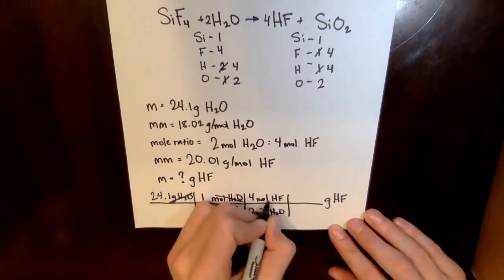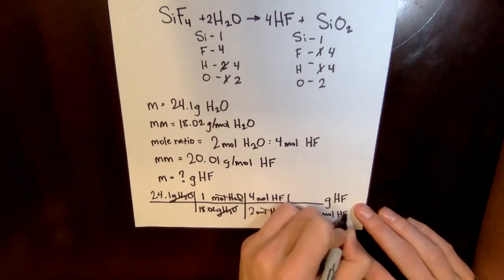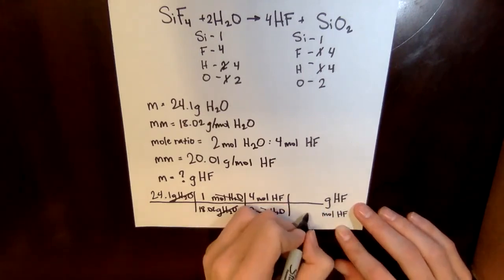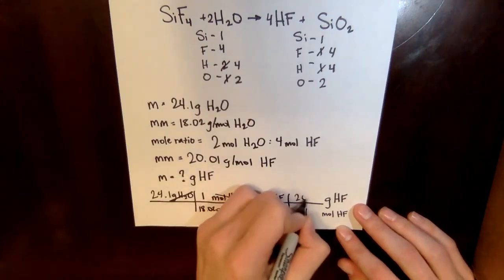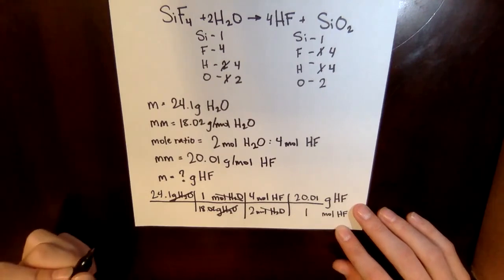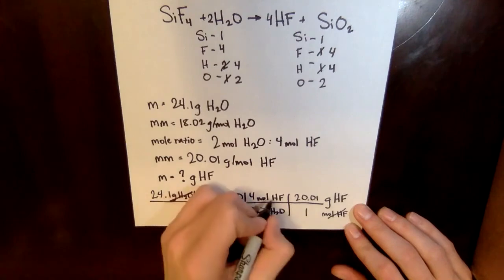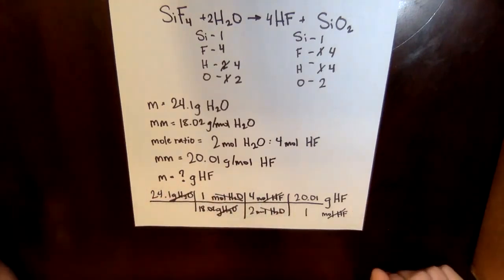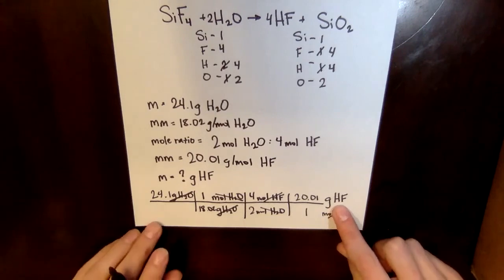So I bring my moles of hydrofluoric acid down here, moles HF, and that 1 mole of hydrofluoric acid is equal to 20.01 grams of hydrofluoric acid. That is going to cancel out my unit of moles of hydrofluoric acid, which leaves me only with grams of hydrofluoric acid as a unit.